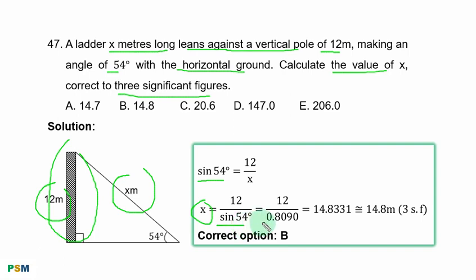When you evaluate, you have this result. After division, you have this result. So to 3SF, the value of S is approximately equal to 14.8 meters. The correct option is B.